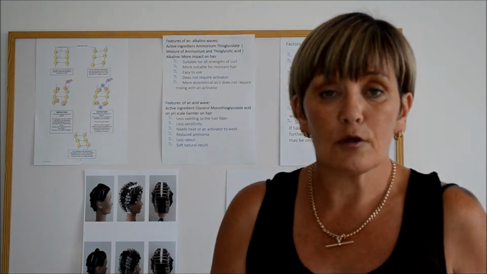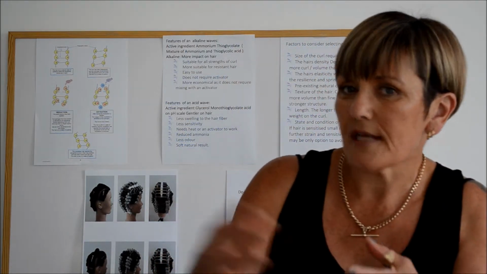Now on page 11 there's some information that's provided to help you to identify or learn the knowledge to find out what might impact on the processing or the end result of your perm. Some of these factors are obviously hair type, and whether the hair's resistant or whether it's porous and going to take the perm solution really, really quickly.